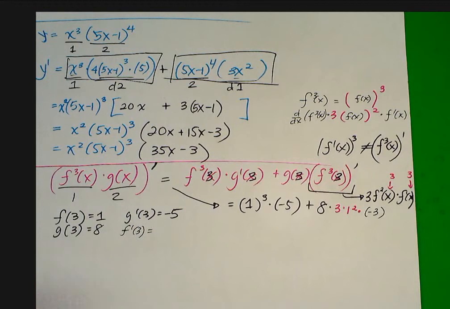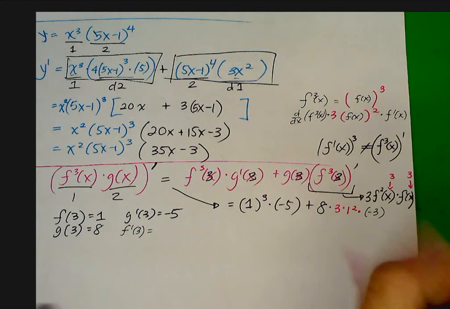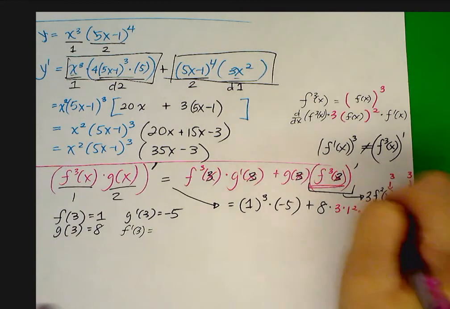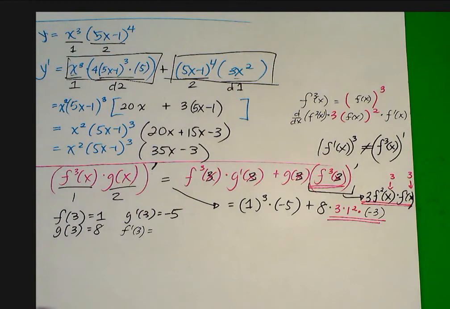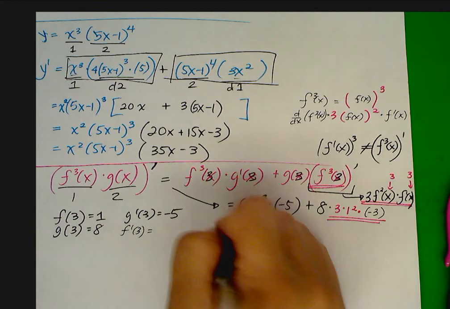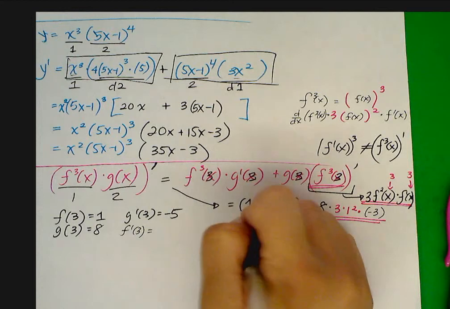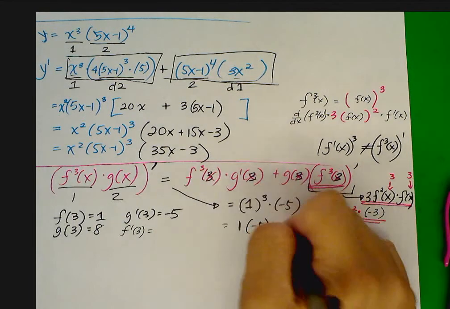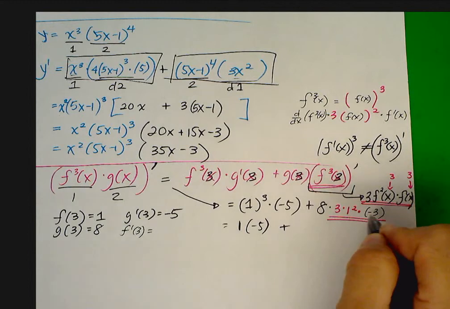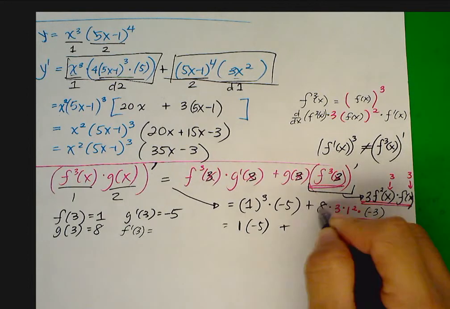Okay, so basically all of this is this, which is this. Okay? Which is 1 times negative 5 plus 9 times 8, which is 72.